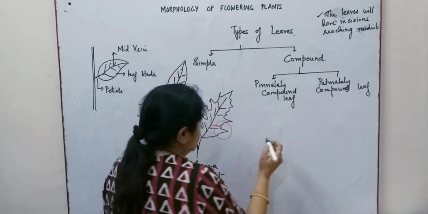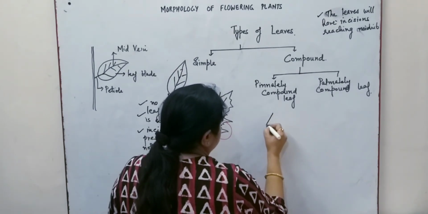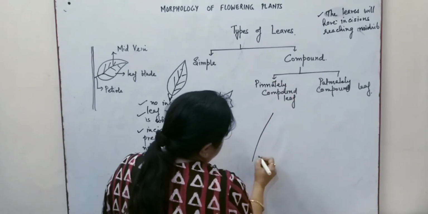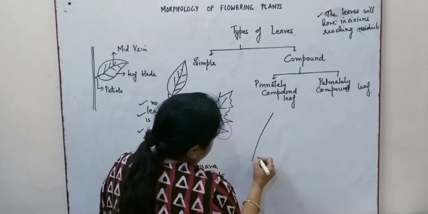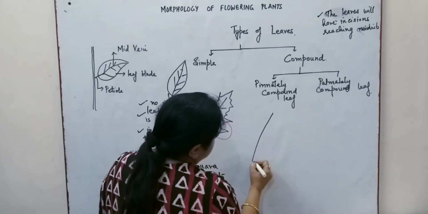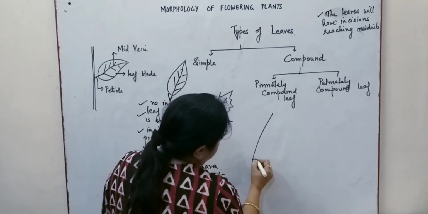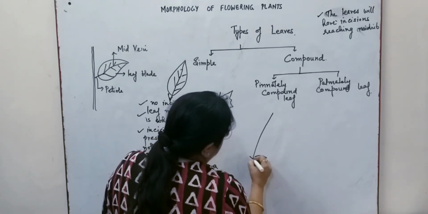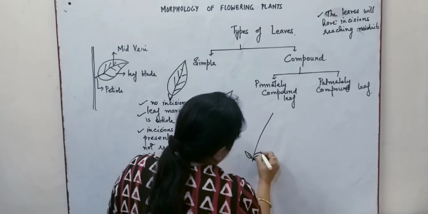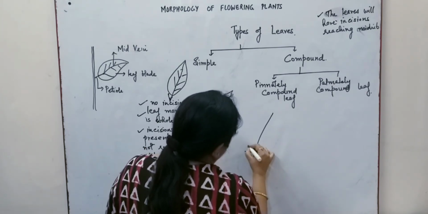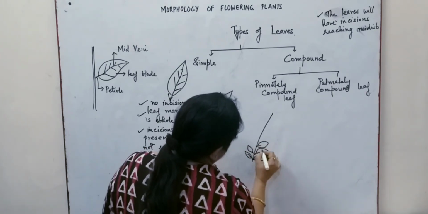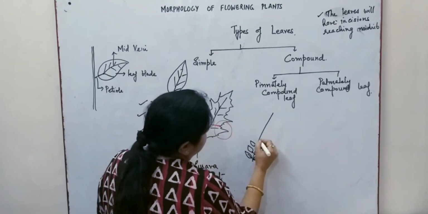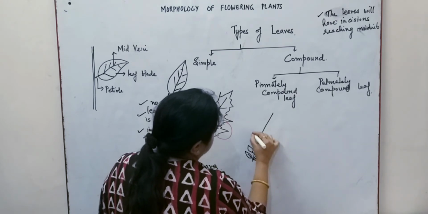If we understand this with a diagram, a pinnately compound leaf will have incisions which will be reaching right up to the end. If the incisions reach right up to the midrib, it will result into a structure like this, dividing the leaf like this.